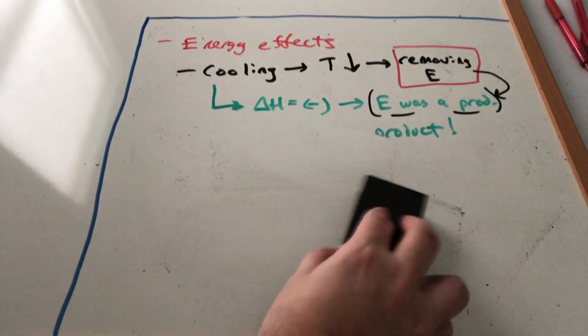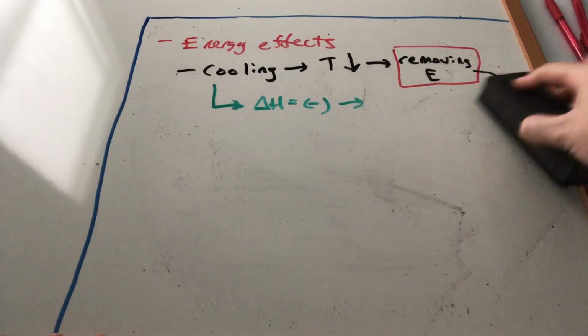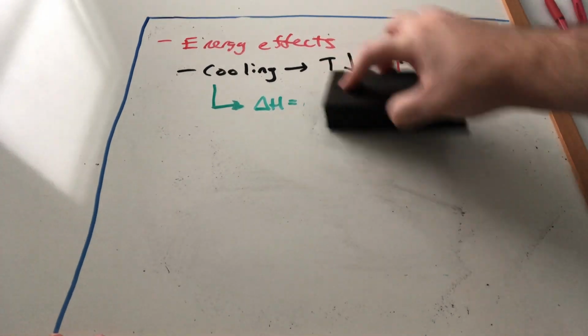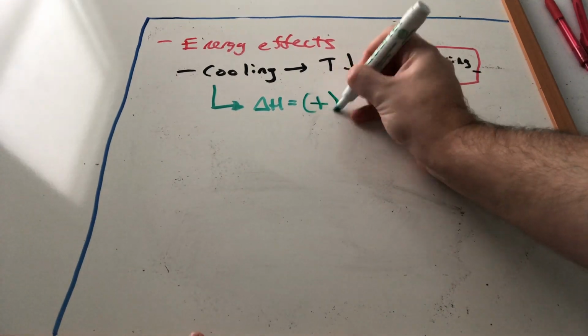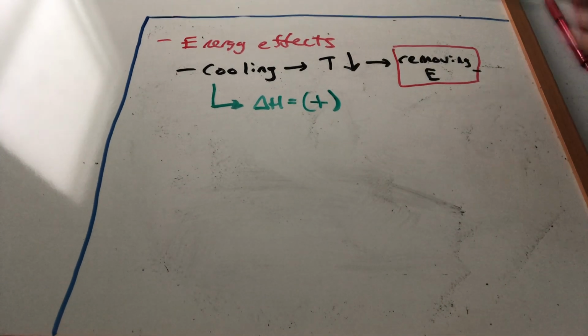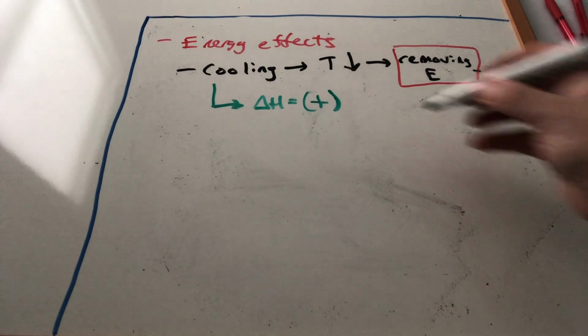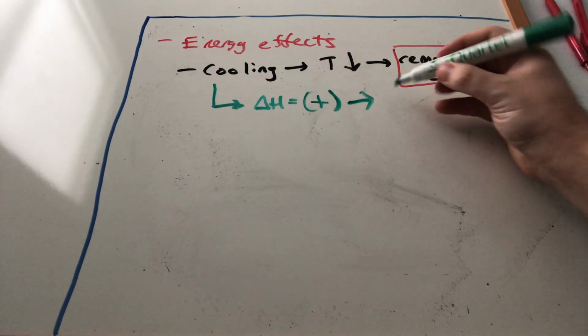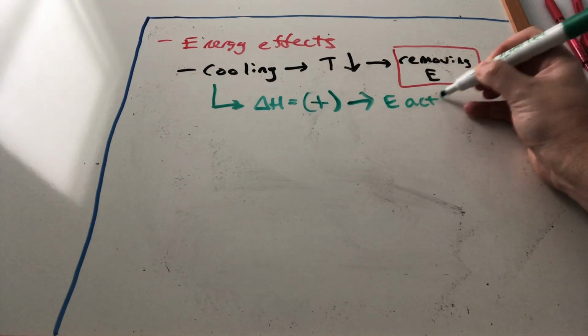It's going to be the same idea when we look at an endothermic reaction that is cooled. If I look at an endothermic reaction and I lower the temperature, cooling that reaction, I'm removing energy. But remember, for endothermic reactions, the energy acts like a reactant.